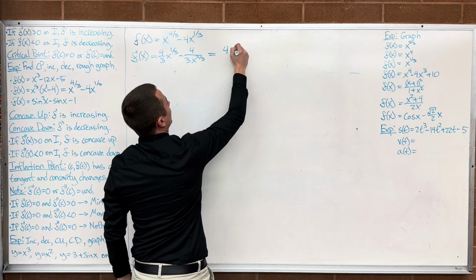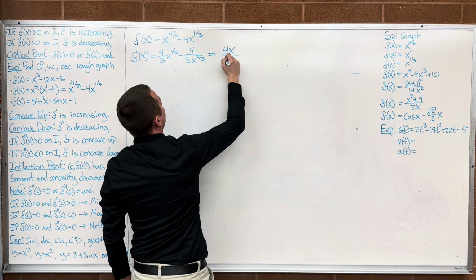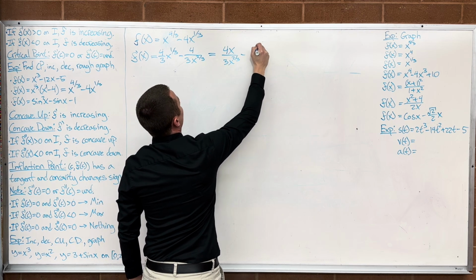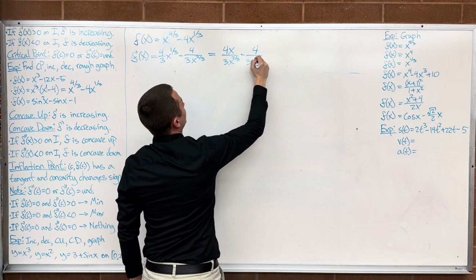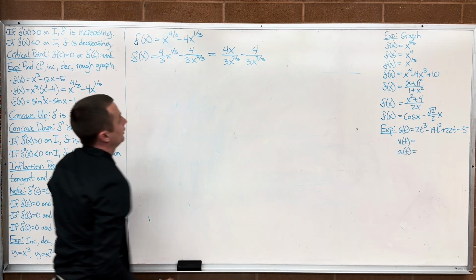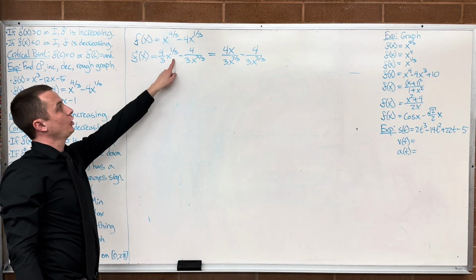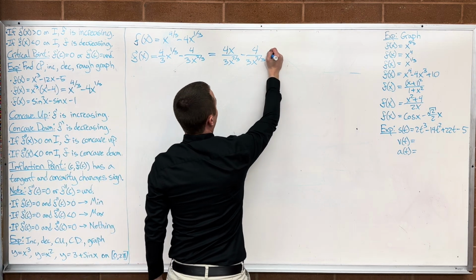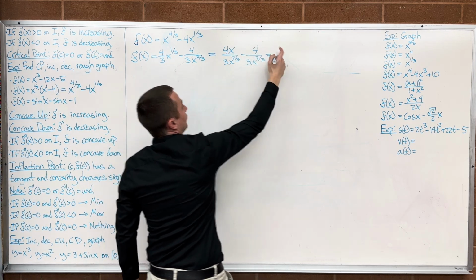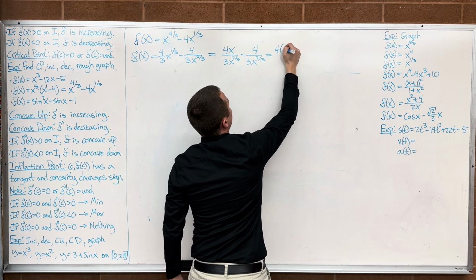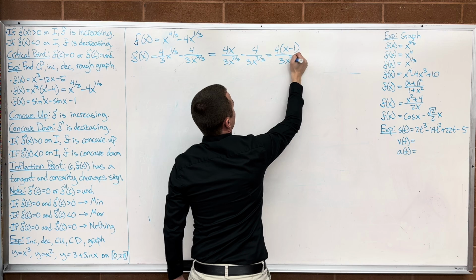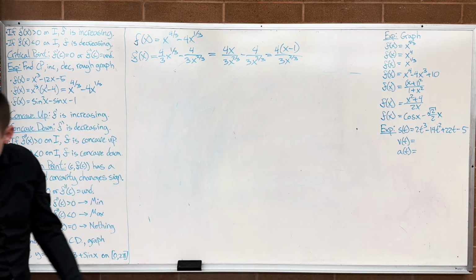So that's going to give me 4x over 3x to the 2/3 minus 4 over 3x to the 2/3. Did you follow my algebra there? Since now they have the same denominator, which was the whole point, it's 4x minus 4, or factor out the 4. It's 4 times x minus 1 all over 3x to the 2/3. Okay, that's way easier to reason about.